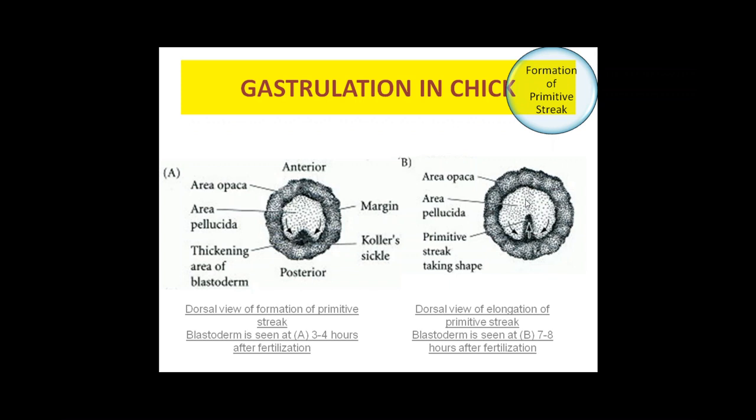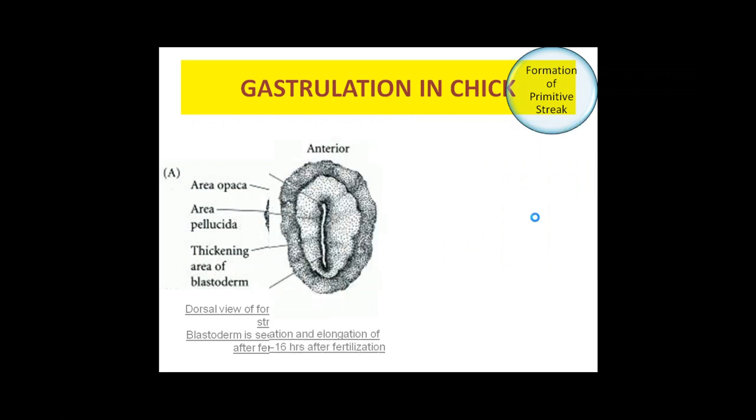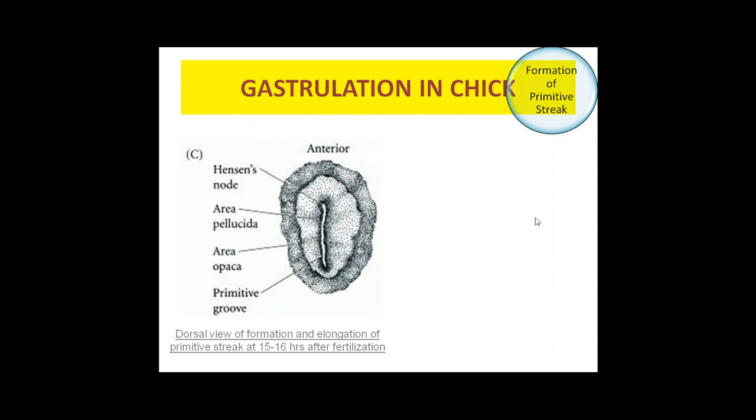This figure shows the blastoderm at 7 to 8 hours after fertilization. The doubling in streak length is accompanied by a concomitant halving of its width. This figure shows the formation and elongation of primitive streak at 15 to 16 hours after fertilization.